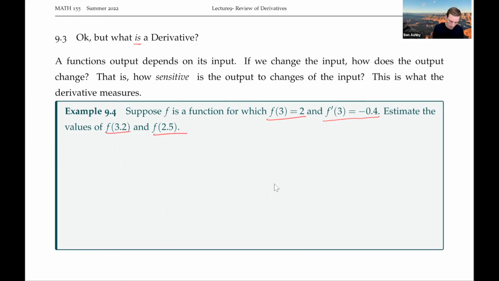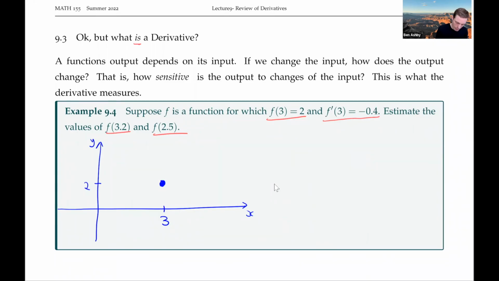Okay, so if we draw some function, we know that at the point when x is equal to 3 and y is equal to 2, our function passes through this point. But we don't know anything about what that function looks like.